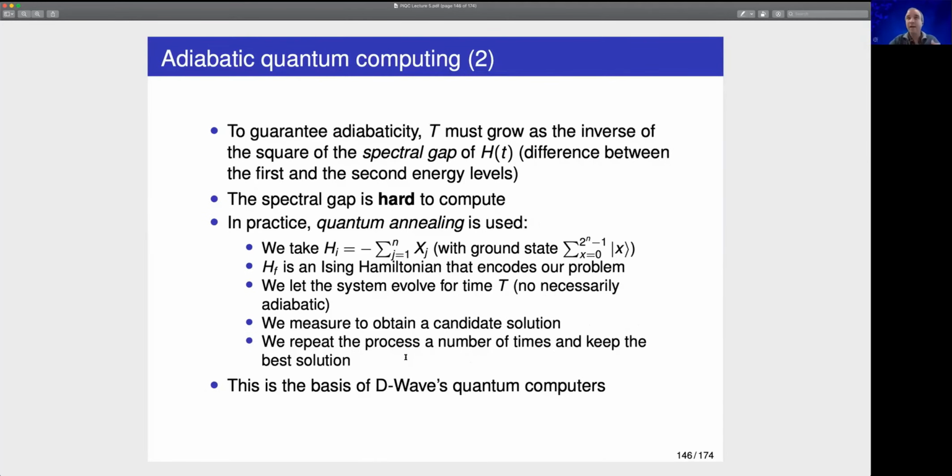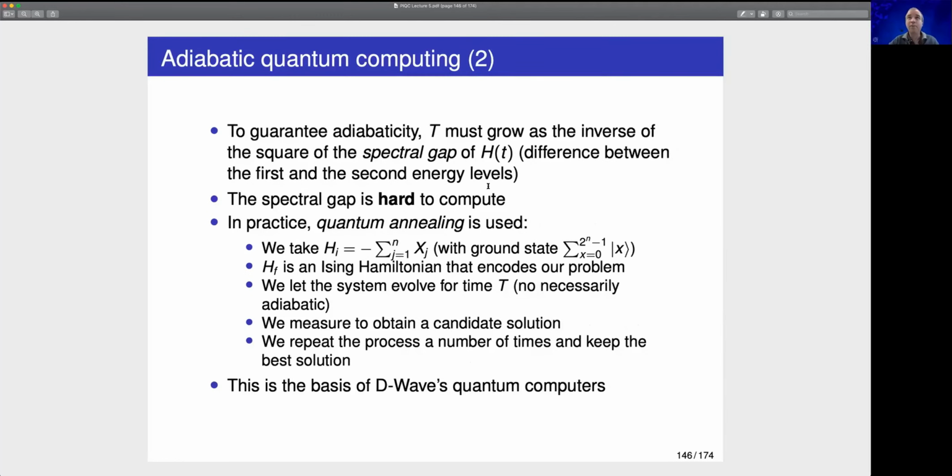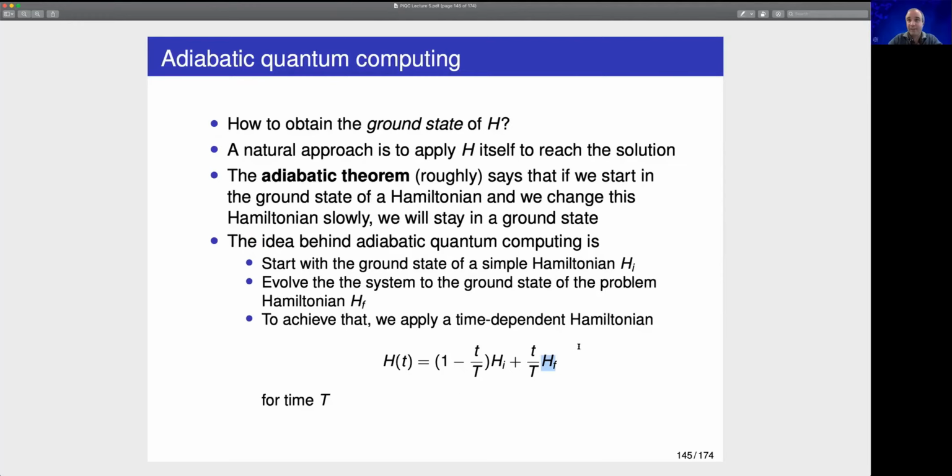So I need to do this slowly enough. Okay. The problem is that now we have transformed the computation that we wanted to do in the beginning, which was to find the minimum eigenvalue of this Hamiltonian, of this matrix, to computing many more eigenvalues, because in order to compute this spectral gap, I need to find the ground state and the next excited state for all the values of t here.